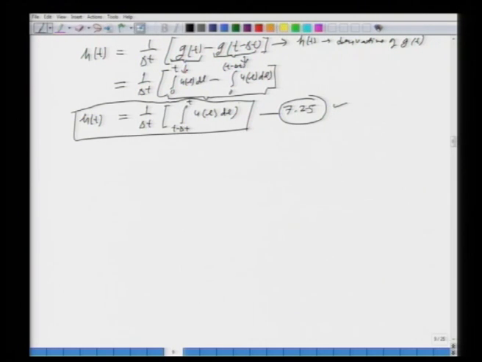Similarly, h is also equal to this equation 7.2.5. What is this telling us? Physically, your h is nothing but the integral of your u curve, which is your unit impulse response function, over the interval delta t.